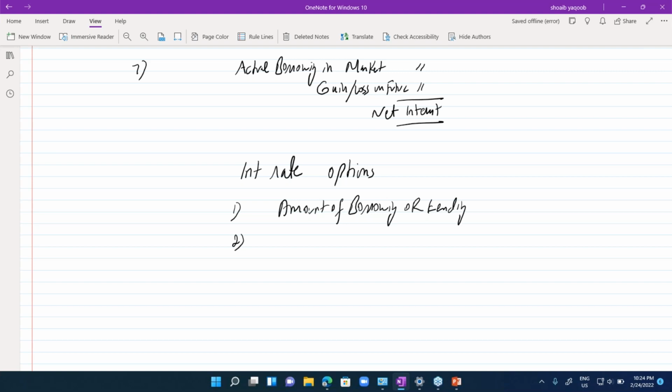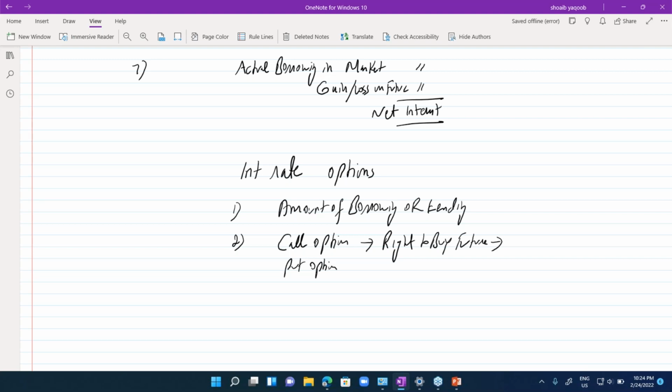Second step is identify call option or put option. Call means right to buy future. It's on the future contract, right to buy future.